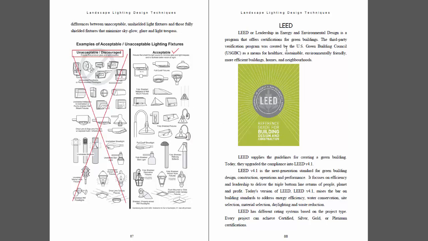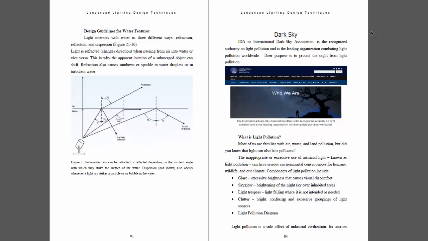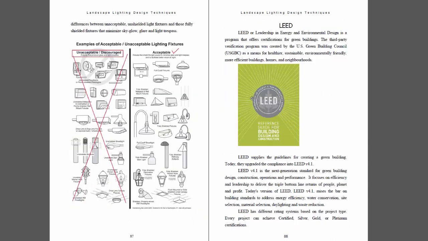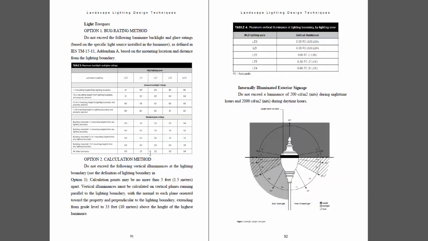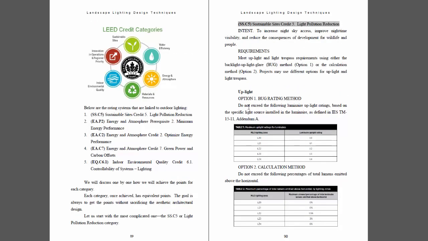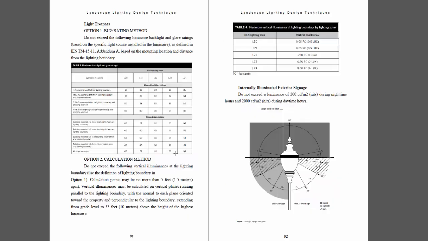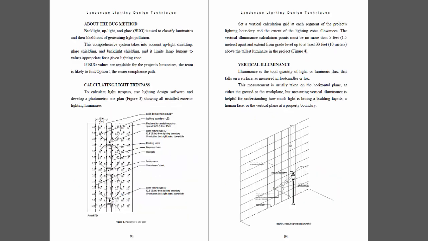If you are aiming for LEED certification, of course, check the LEED requirements. If you are applying for LEED certification, you need to comply with the Dark Sky Organization, check the zoning requirements, and know the BUG rating, this BUG rating method. You need to make sure that there are no spill lights on the neighboring surroundings.